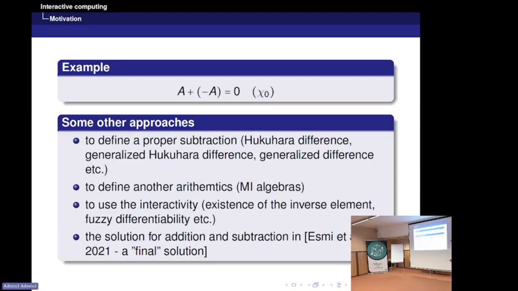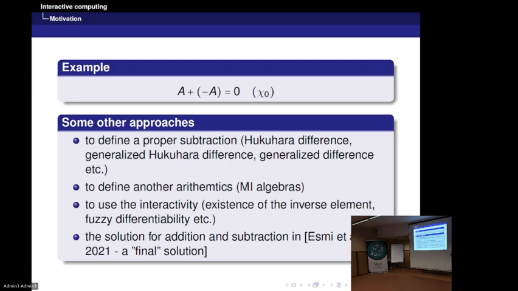And even recently, Estelle and me showed some results that seemingly provide some final solution for addition and subtraction, so the simplest operations that we can need.